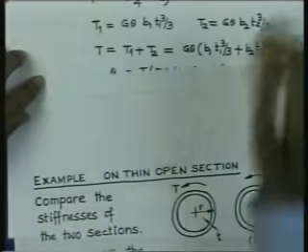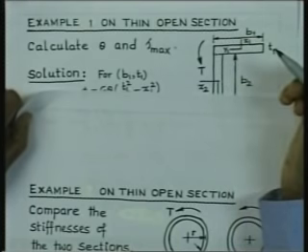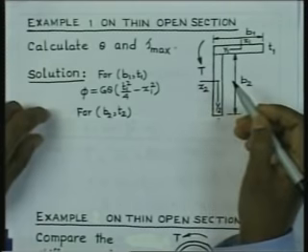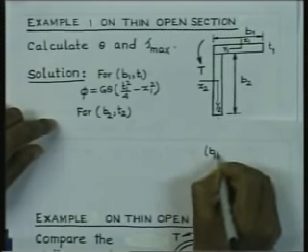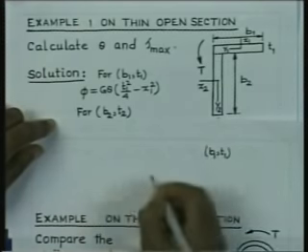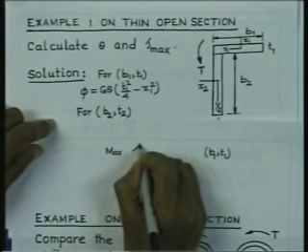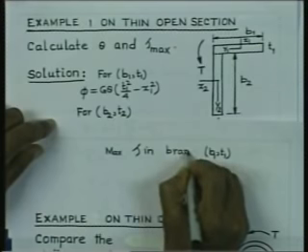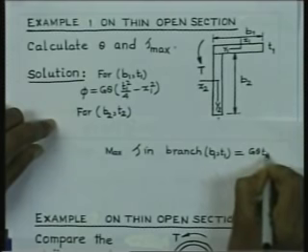You can now calculate the maximum shear stress. Maximum shear stress for the branch 1 is going to occur here, and it will be simply g theta into T1, and for the branch 2 it is going to be here, which is nothing but g theta into T2. So, therefore, for branch B1 T1, maximum tau in branch B1 T1 is nothing but g theta into T1.